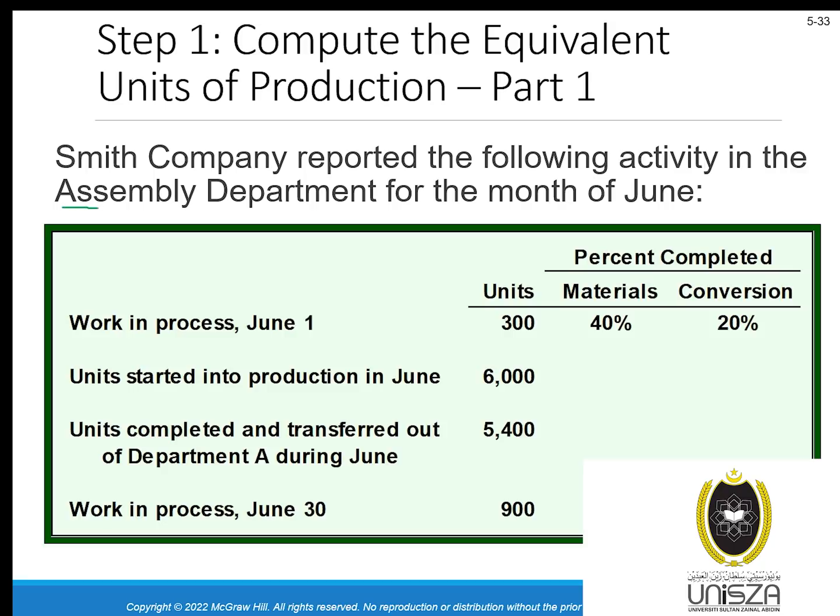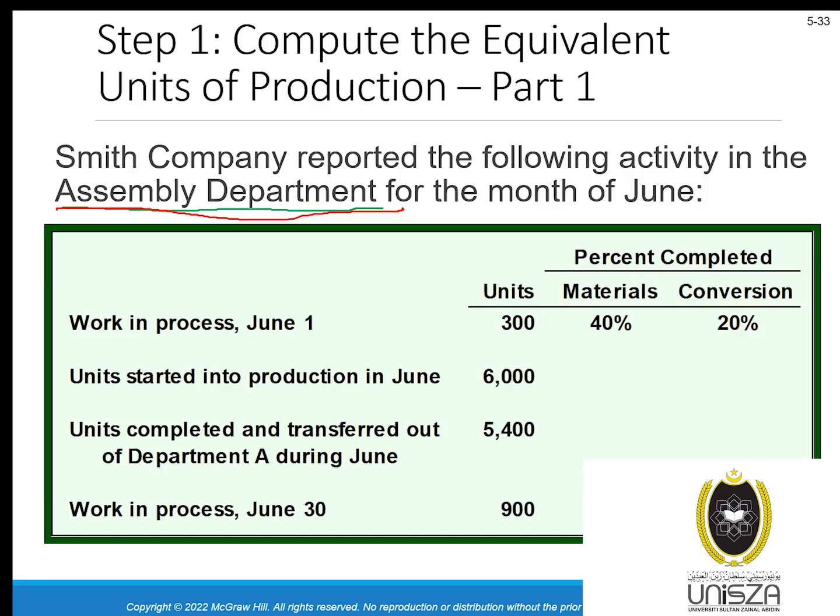Remember we said that it is done by department, not by job. So this is the assembly department for the month of June. The WIP on 1st June is 300 units, percent completed for material 40% and conversion 20%.